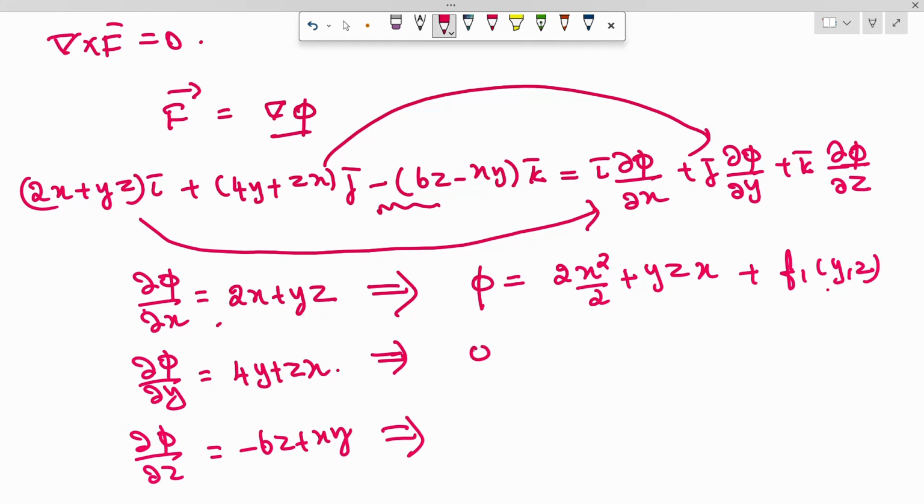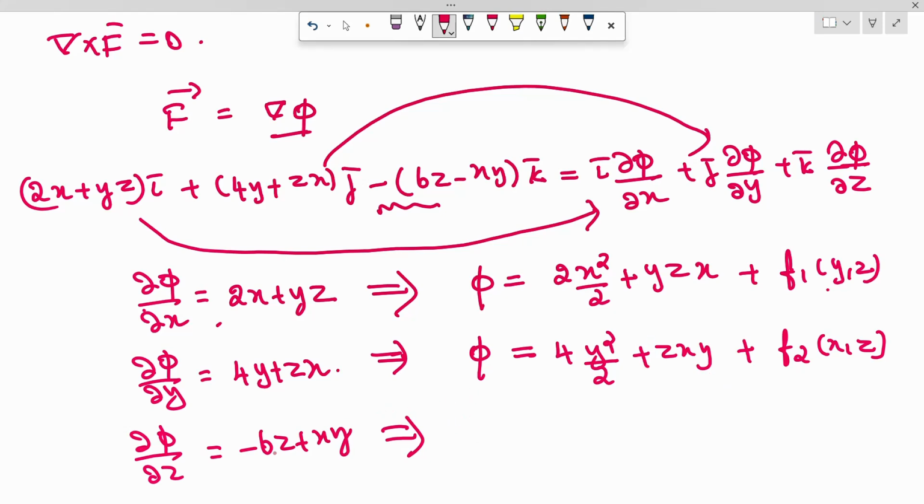In this equation, integrate with respect to y. If we integrate with respect to y in the left hand side, we'll get here phi. Right hand side 4y square by 2 plus zxy plus f2 of x comma z. Because in this equation we are integrating with respect to y, which means here x and z are constant only.